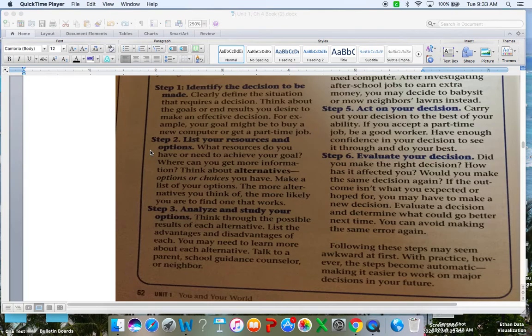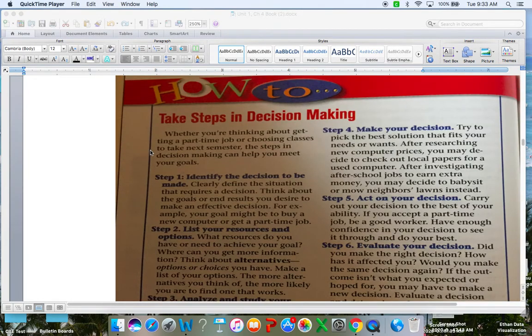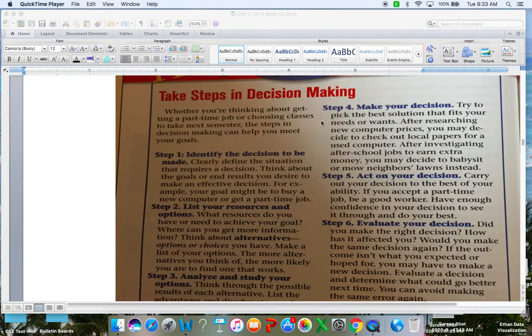You may need to learn more about each alternative. Talk to a parent, a school counselor, or a neighbor. Other students in the class said talk to friends, talk to family, someone who knows maybe a little bit more about making the decision, or someone who's actually in the decision. They've already made the decision before, and they can give you helpful advice.